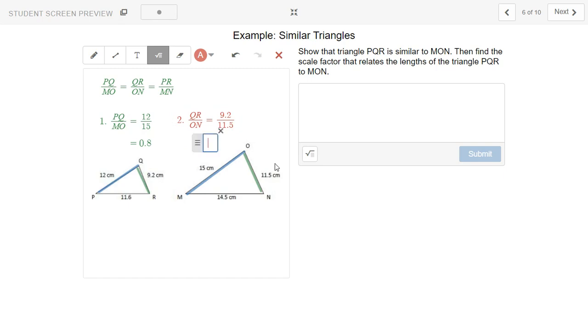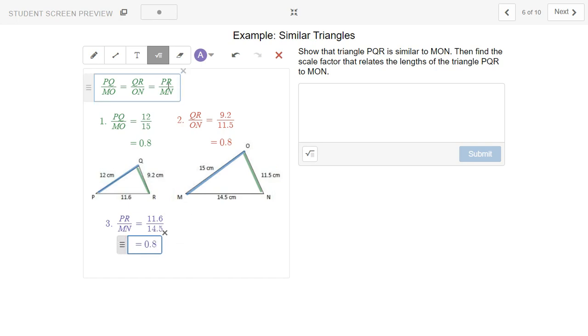That simplifies to 0.8. Okay, so far everything is in proportion. Let's do the third one. Third one, PR over MN, 11.6 over 14.5. That works out to 0.8.